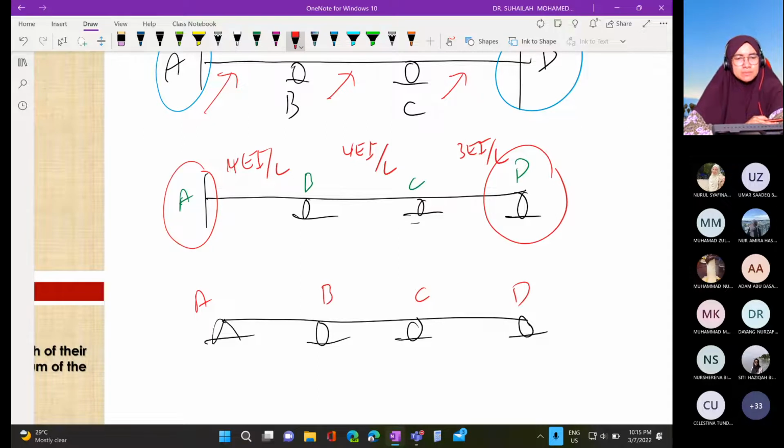It is 3EI over L. For B, C? 4EI over L. For C, D? 3EI over L. Okay.